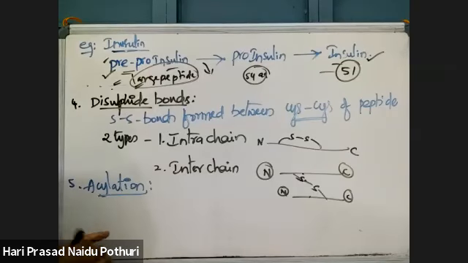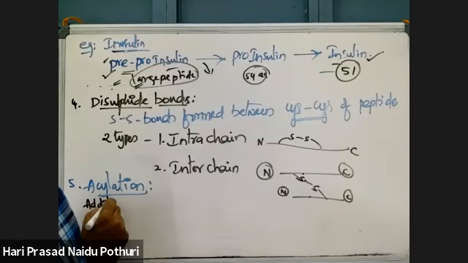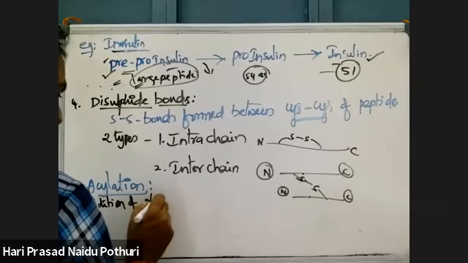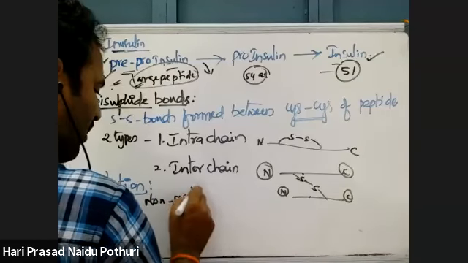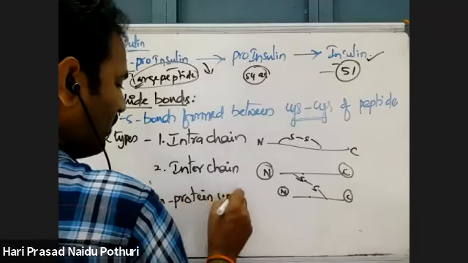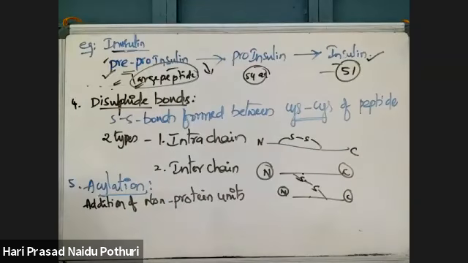That is one more. And the fifth step is acylation. Acylation means addition or binding of non-protein units, or non-protein parts.